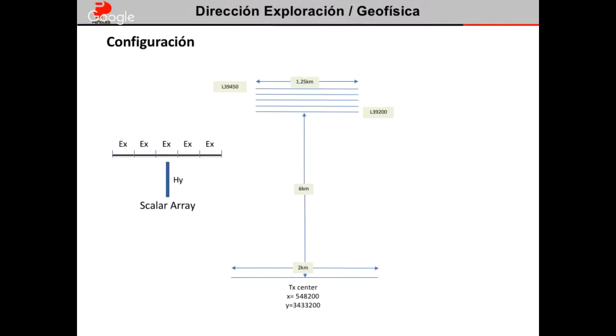But this is our interest now because we are working basically with this array. So our intention is to use a vector or tensor array, but we have no experience measuring data with two dipole currents.